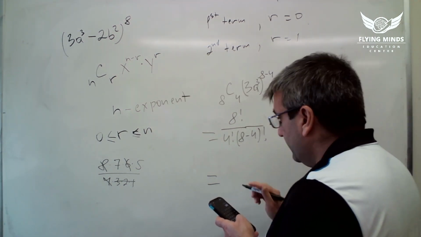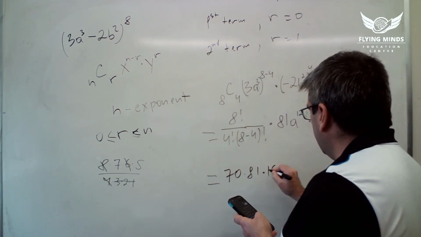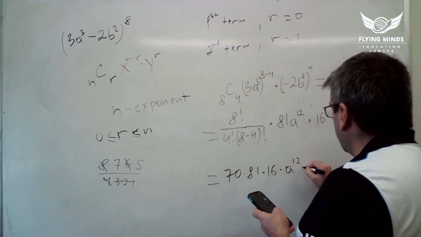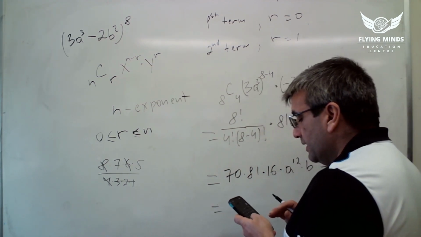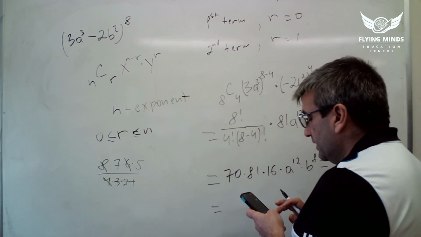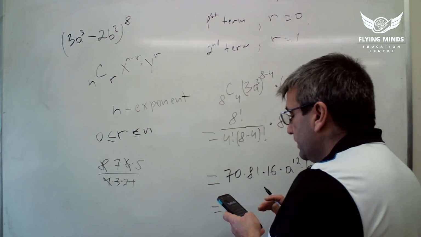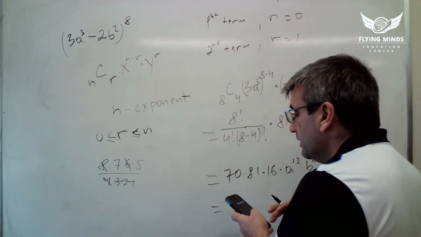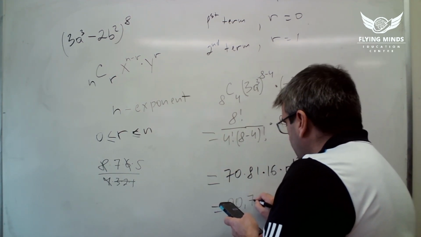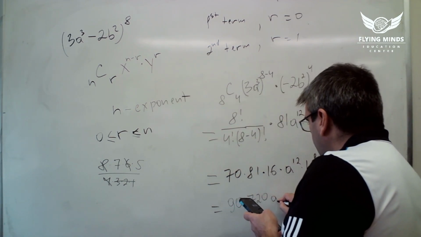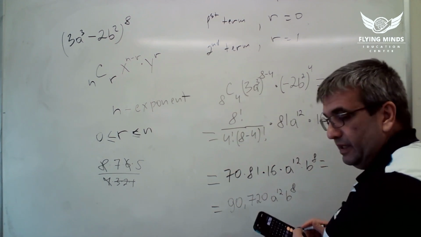So we have 90,720, a to the power of 12, b to the power of 8.